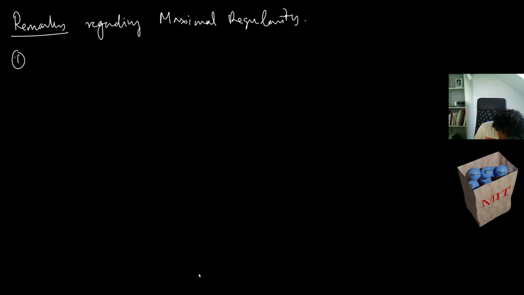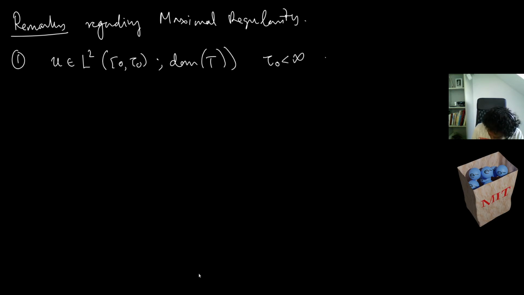I feel like I didn't make certain things clear. The first remark I want to make is that in condition 1, I said something like u is in L2 of (0, tau naught) with values in the domain of T, when tau naught is finite and tau naught is less than or equal to tau.